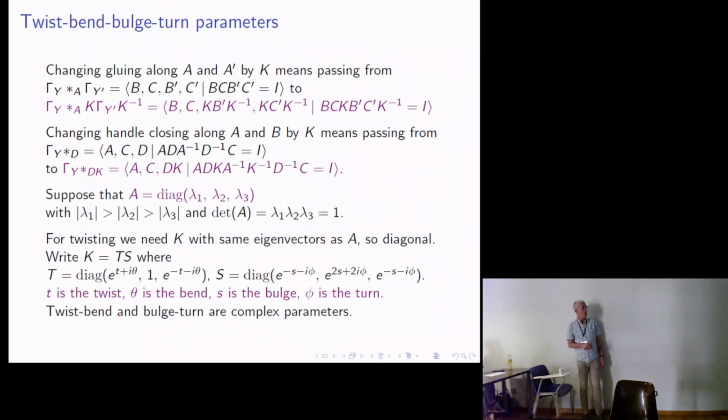And I'm going to write these as e to the something all the way through. And so t is called the twist, theta is the bend, and then over here, S is the bulge, this is a Goldman term, and phi is, this is a new one, we're going to call this a turn. So we have twist, bend, bulge, turn, and they're complex parameters.